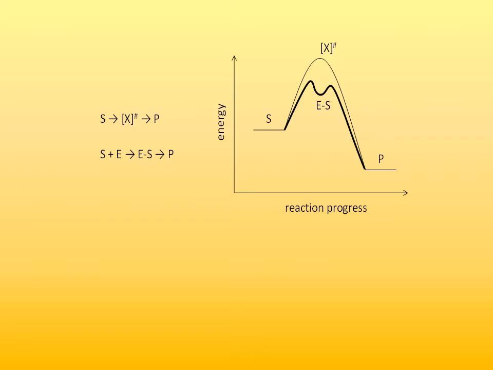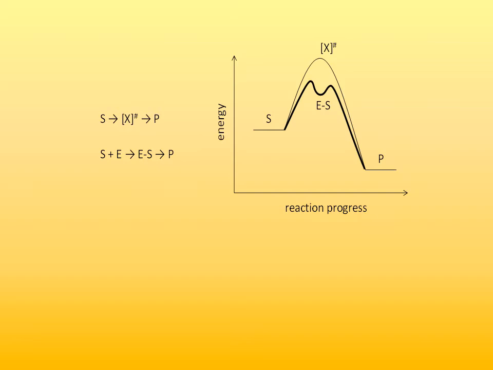You can see that the activation energy necessary for the substrate to reach the transition state is rather high. That means that the reaction is slow. The enzyme catalyzes the reaction by forming an enzyme-substrate complex. So the enzyme forms an additional intermediate, adding one more step to the reaction.